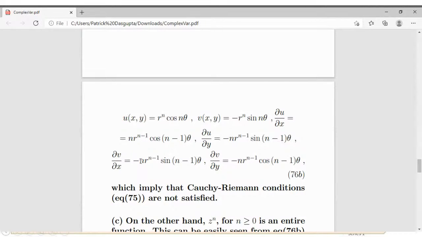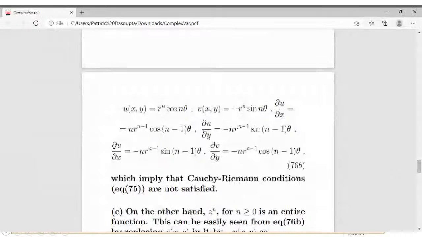And similarly, del v by del x is minus n r raised to power n minus 1 sine (n minus 1) theta, and likewise del v by del y is minus n r raised to power n minus 1 cos (n minus 1) theta. But now you see, from these results, we see that Cauchy-Riemann conditions are not satisfied anywhere, because del u by del x is not equal to del v by del y, because there's a negative sign for del v by del y.